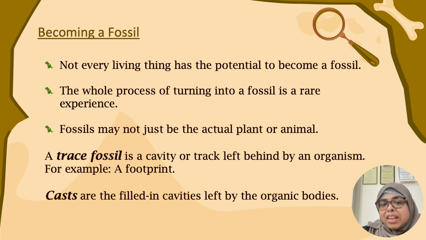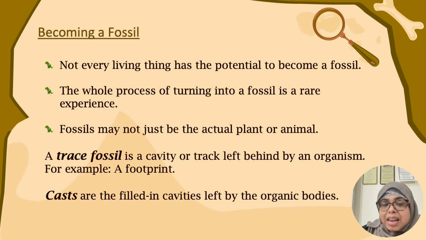So a trace fossil is a cavity or track left behind by an organism, for example, a footprint. Or, you guys have played with kinetic sand. So if you take something and press on it, like leave an imprint and you take it out, the imprint that is left would essentially be a trace fossil. All right.